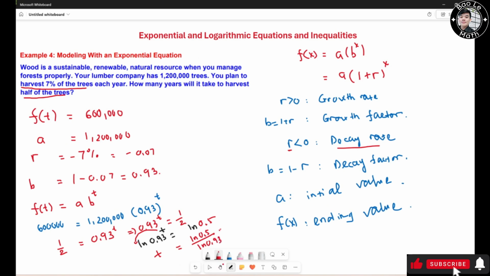So you just hit the calculator, the answer must be approximately 9.55, right? So it will take about 9.55 years to harvest half of the original trees.